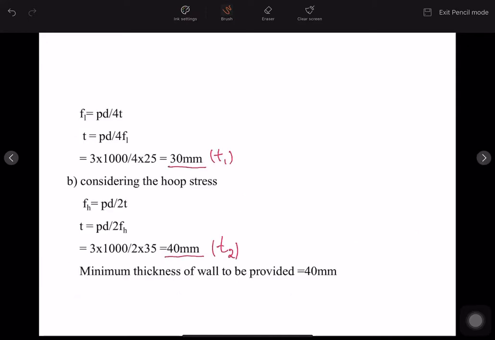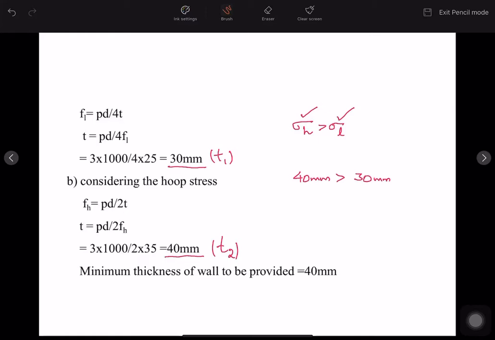The same concept applies here, which is that sigma h is greater than sigma L. If the cylinder is safe in hoop stress, it will automatically be safe for longitudinal stress. So while considering hoop stress we got 40, and while considering longitudinal stress we got 30 mm. Clearly 40 mm is greater than 30 mm, right?